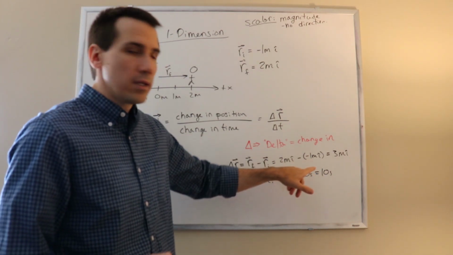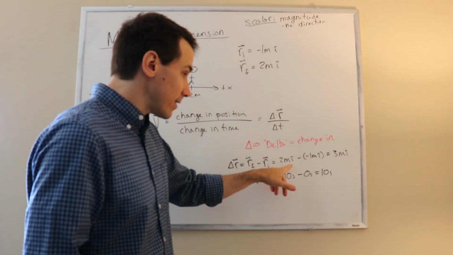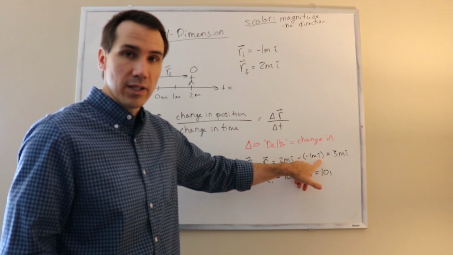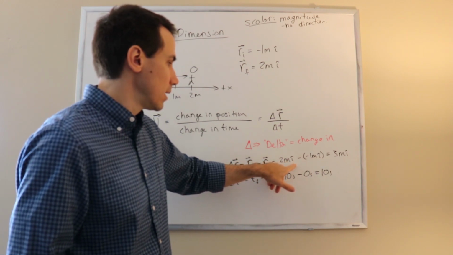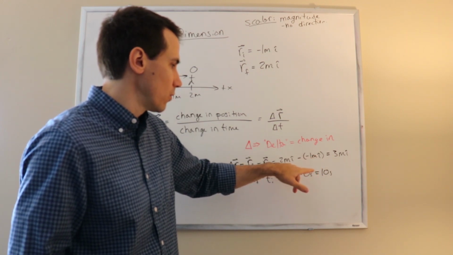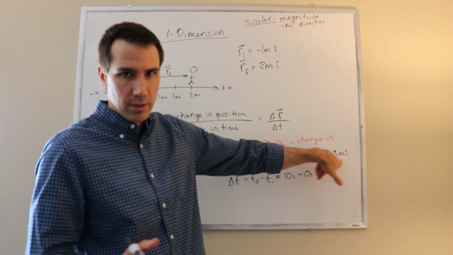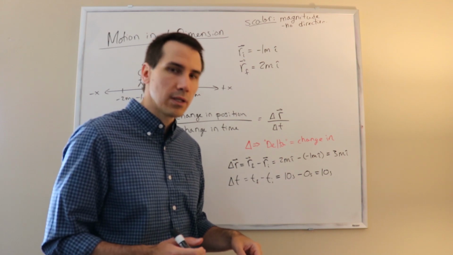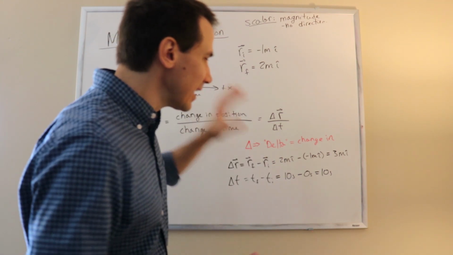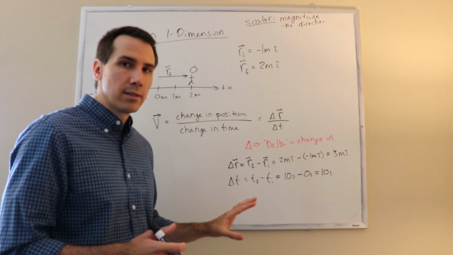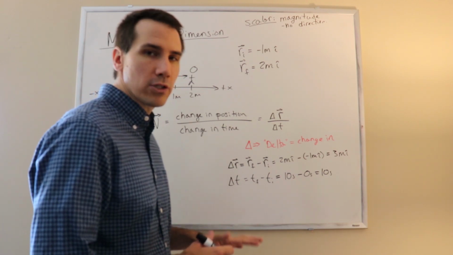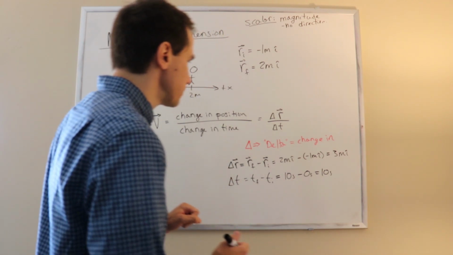You can only add things together that go in the same direction. So I can say 2 meters plus 1 meter equals 3 meters in the I hat direction. If you have multiple directions, you have to be a little more careful about how you add vectors in different directions, and we'll go over that later on.